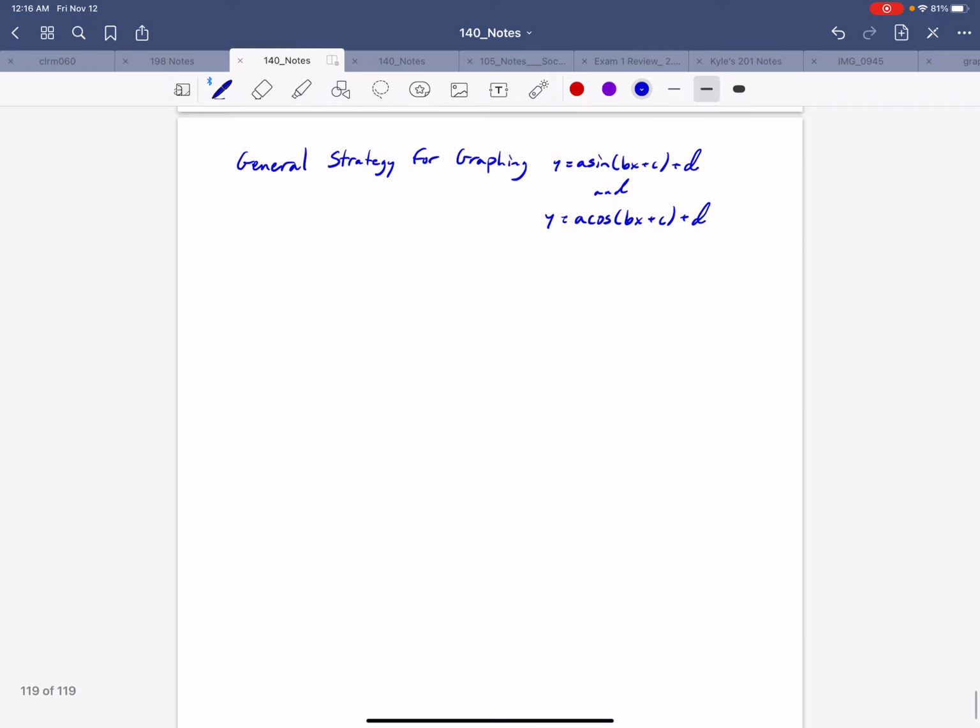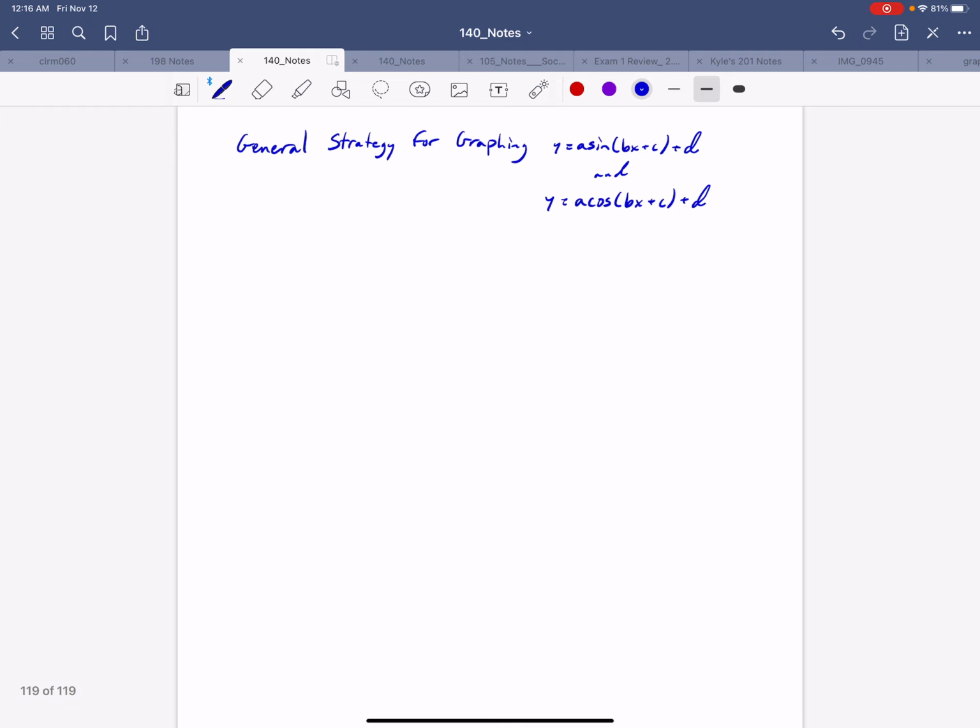All right, last but not least, let's try to come up with a general strategy for graphing transformations of sine and transformations of cosine. Just following what we did, I would say step 1, write as y equals a sine of b times x plus c over b, plus d.